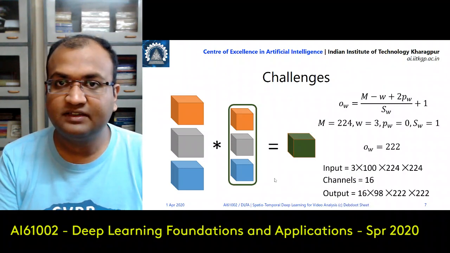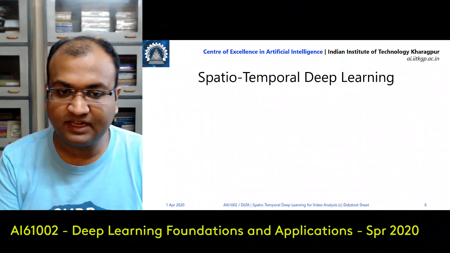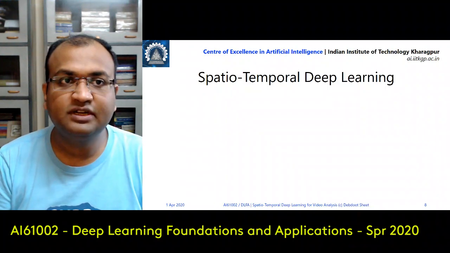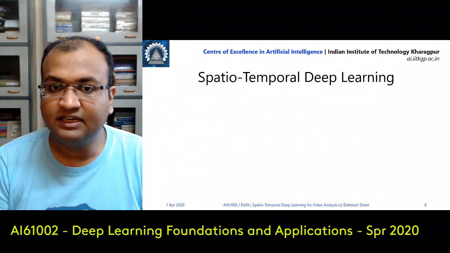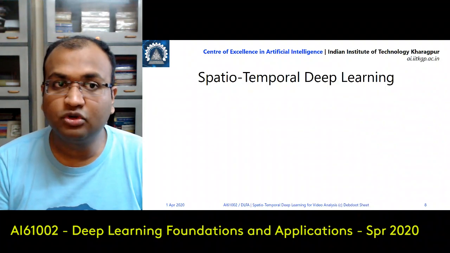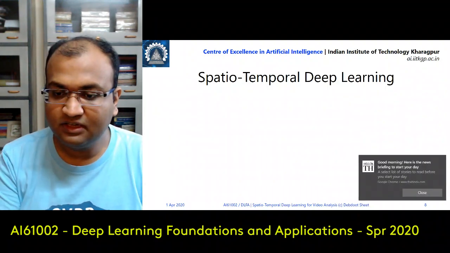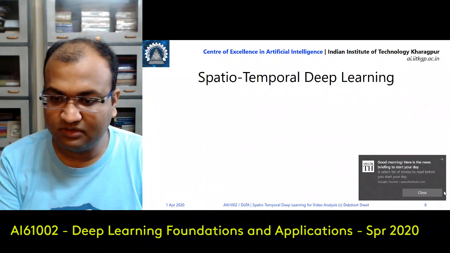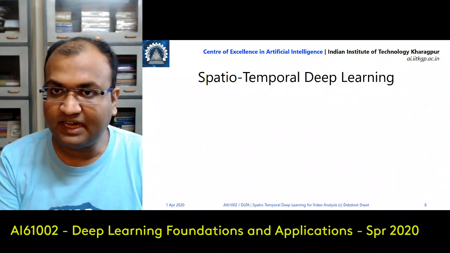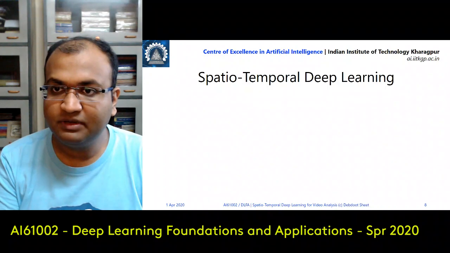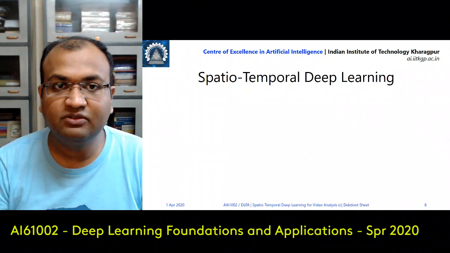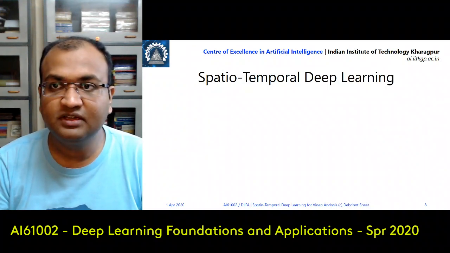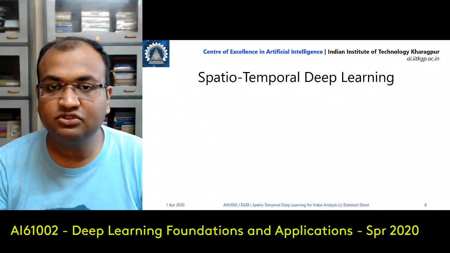So standing on top of this, if I go to the whole concept of spatio-temporal deep learning, one thing you can pretty much understand is that there is going to be a lot of compute complexity and a heavy space complexity requirement as well. As a result, your total memory requirement is not going to be as simple and straightforward as it used to be when you were just trying to run a bunch of 2D CNNs.